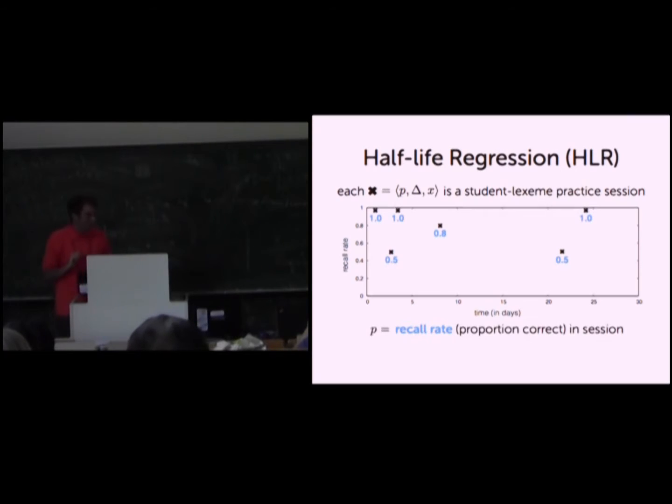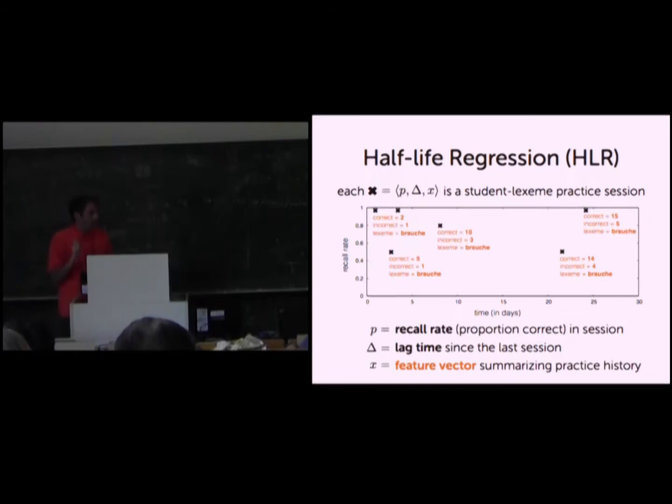What does that mean in English? The probability is here on the y-axis, and the x-axis is how long it's been since you've seen that before. Each of these points can be associated with a feature vector, for example, what word you saw and how often you've gotten it right or wrong. These are cumulative over time, as you'll notice.